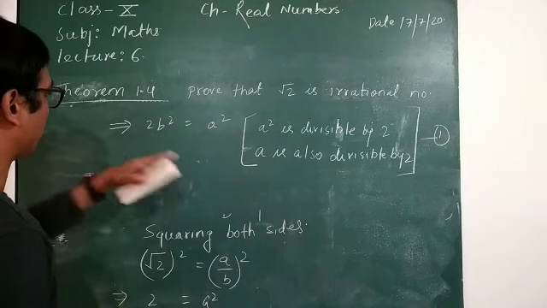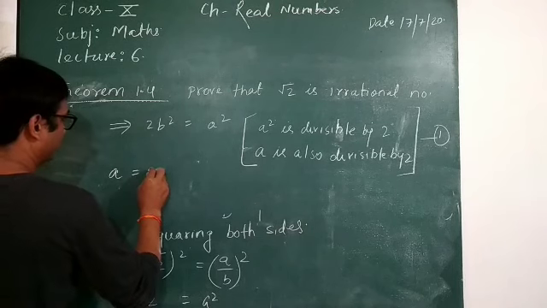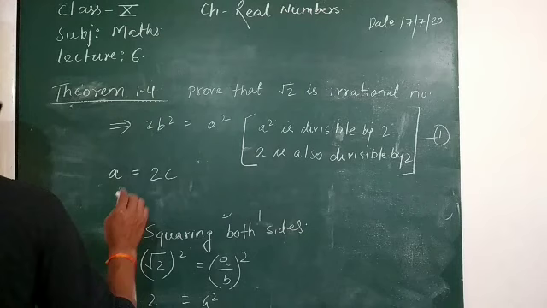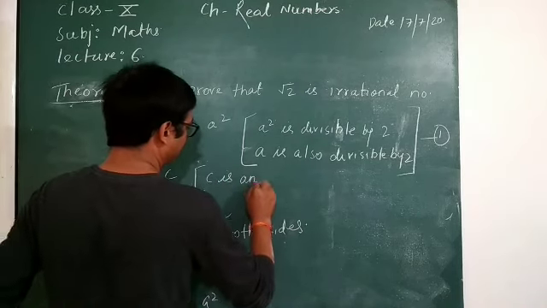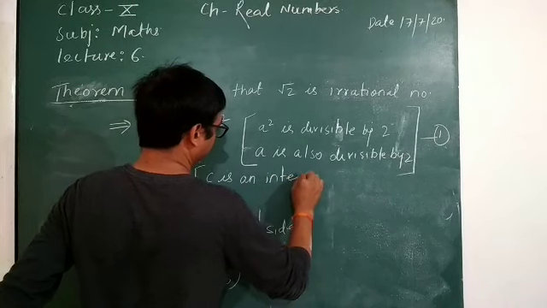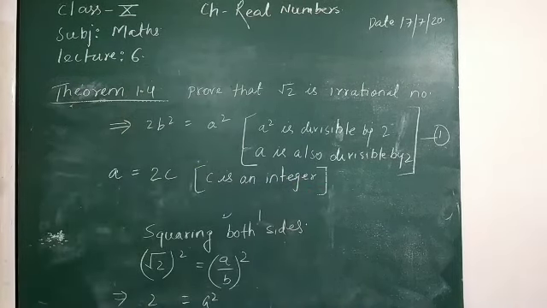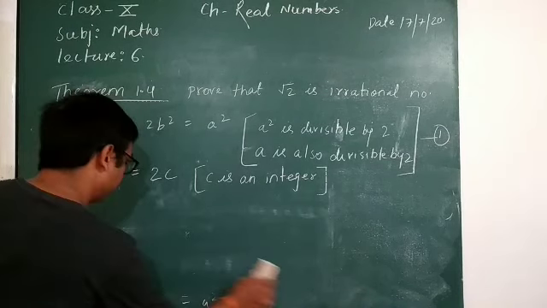Now we will suppose that a is equal to 2c, where c is an integer. Again, what do we get here?